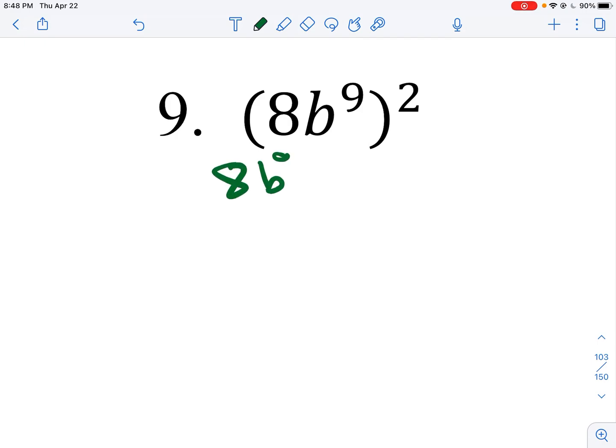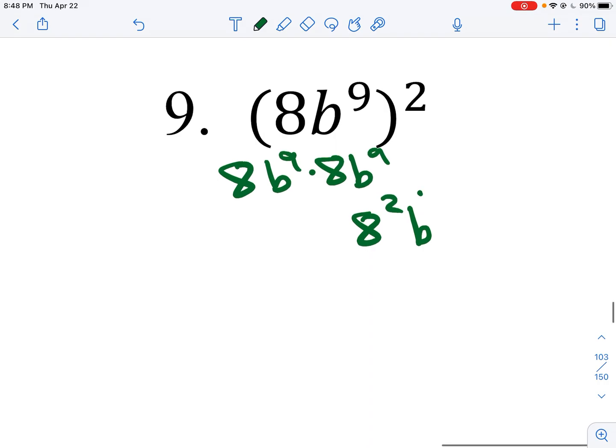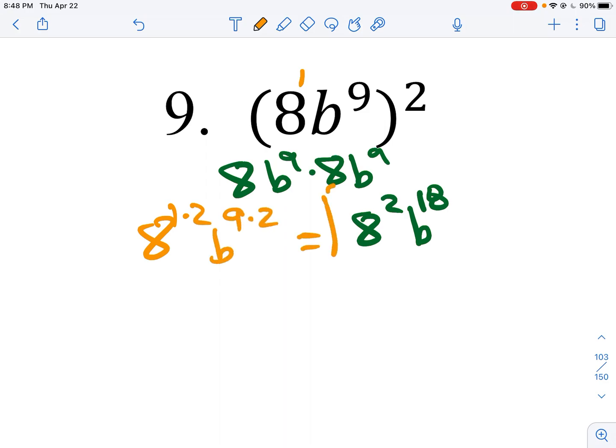Okay, so this one has 8 squared. And this would be to the 18th. So 8, 1 times 2, b, 9 times 2.